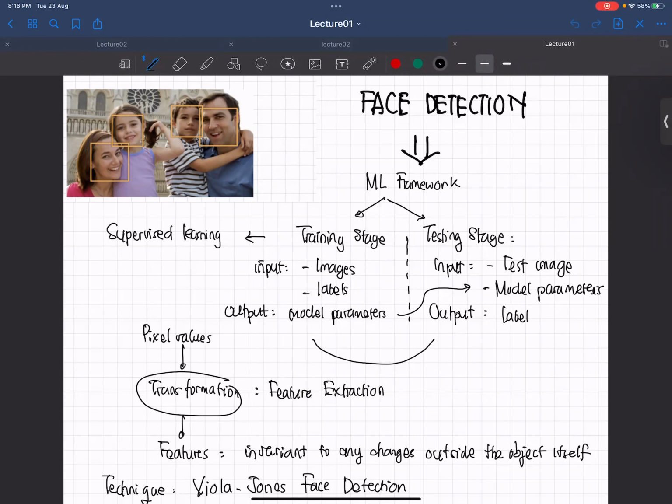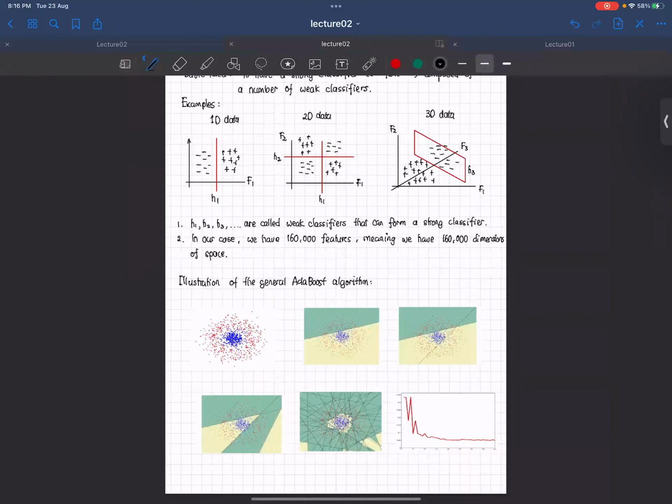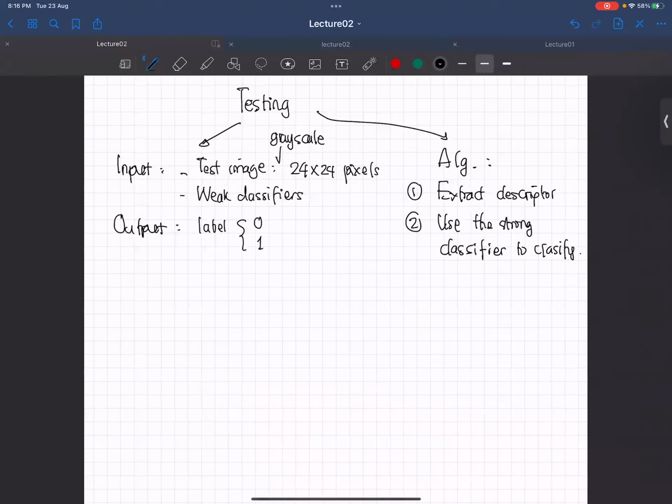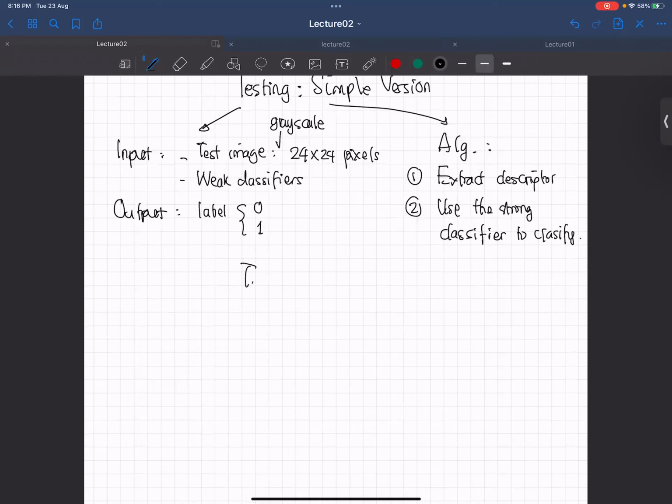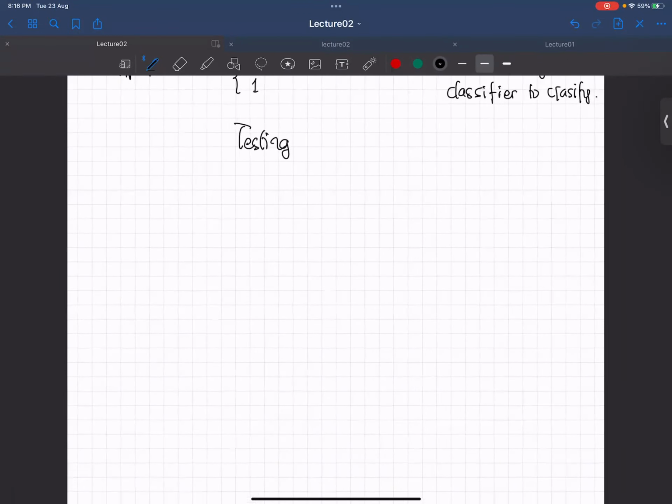So our testing here is actually very naive because the input is very simple, a 24 by 24 image. And this is not something that we want. So we have to develop a better testing algorithm. So in the proper testing algorithm, what will be the input?